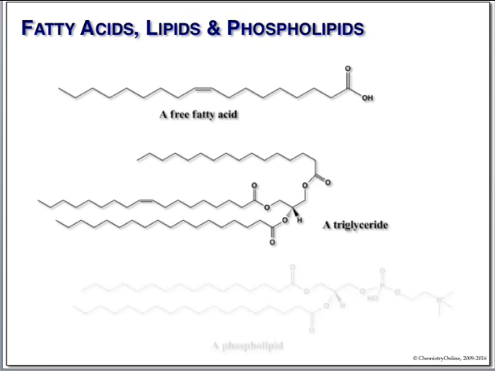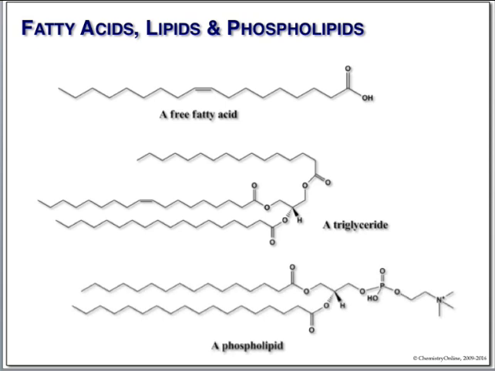You can convert this to a diglyceride like this, with a real heavy-duty polar end, a phosphoric acid and an amino group, that's choline, and you get what's called a phospholipid. Triglycerides, this is fat. This is how you would store fat. You convert it into triglycerides, move it into cells. When you need energy, you simply cleave these off to fatty acids and burn them.